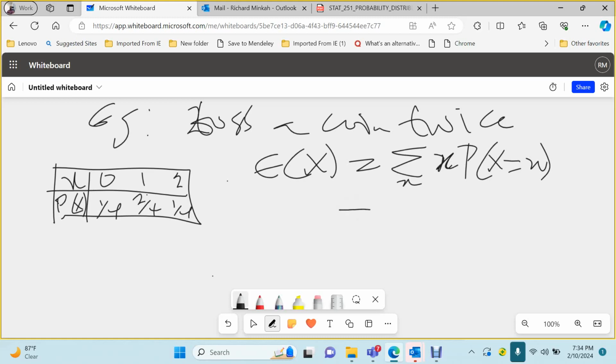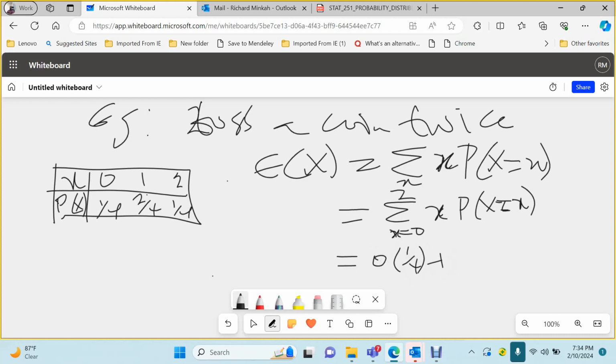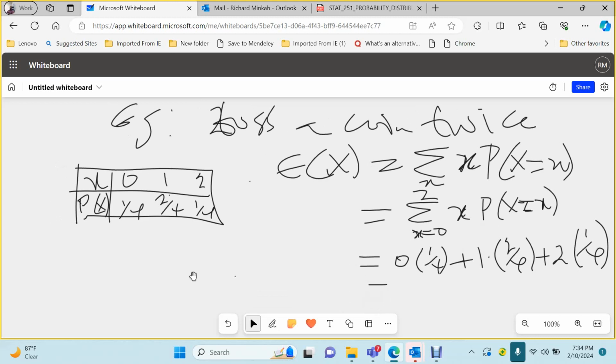In our case, x will move from 0 to 2. So when x is equal to 0, we have 0 times 1/4, plus x is equal to 1, its probability is 2/4, plus when x is equal to 2, its probability is 1/4.